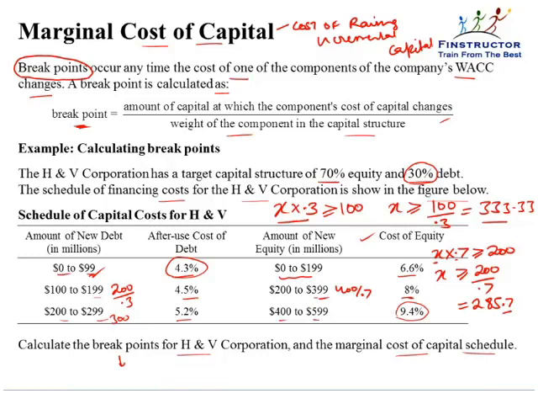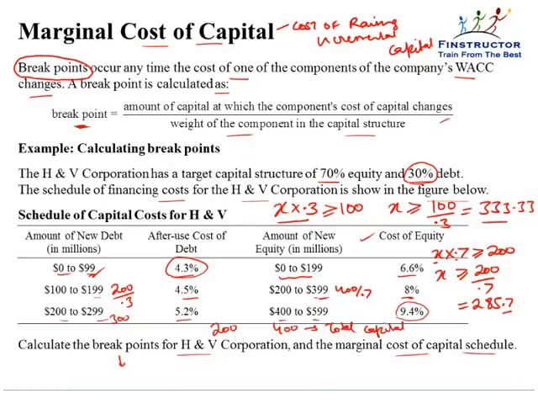And at each of these levels, we can calculate the exact WACC also. So let's take two examples. Let's assume the company has $200 million, and then let's assume that the company has $400 million of total capital. In both cases, let's try to compute the WACC.